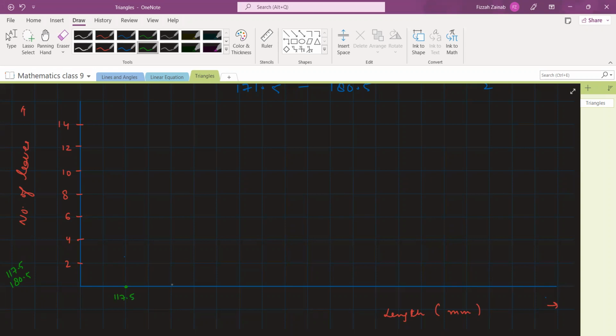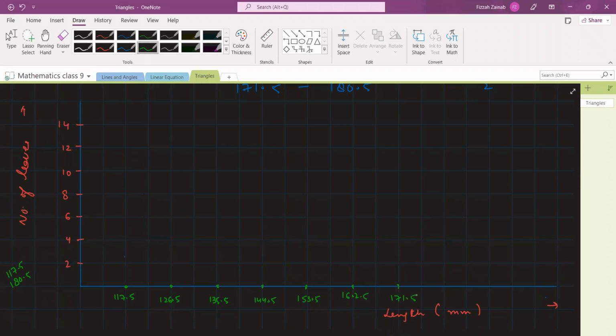Then at a gap of 9, you can take the next, which is 126.5, then 135.5, 144.5, 153.5, then 162.5, 171.5.